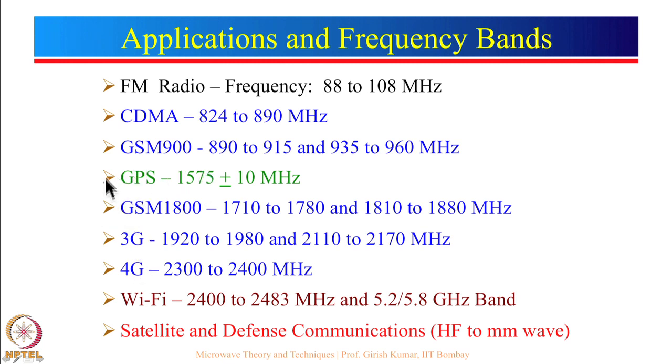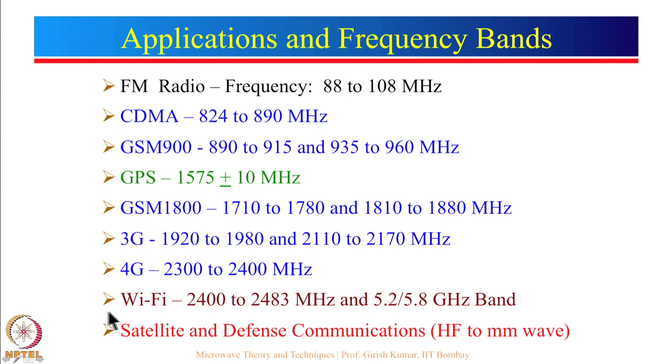Now, in between we have a GPS band. Most mobile phones have GPS, and that works at 1575 megahertz, and the bandwidth of that is plus minus 10 megahertz. I did mention Wi-Fi, which is from 2400 to 2483 megahertz, but Wi-Fi is also being used at the 5.2 to 5.8 gigahertz band.